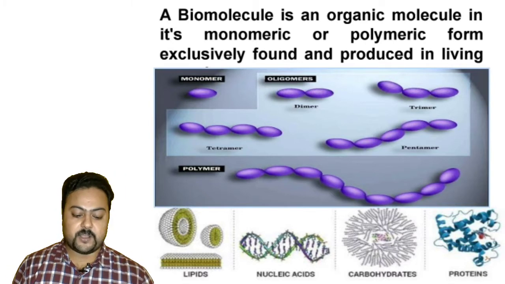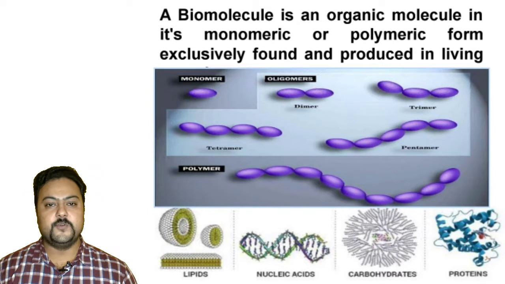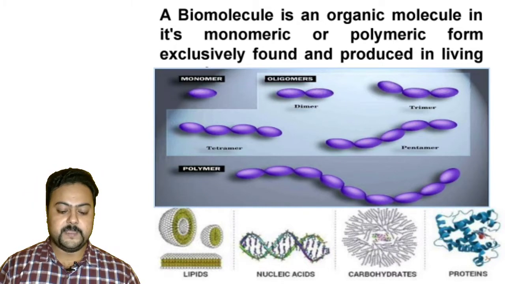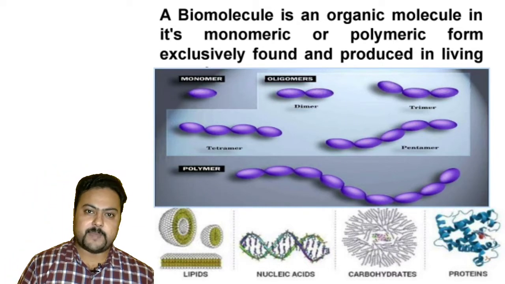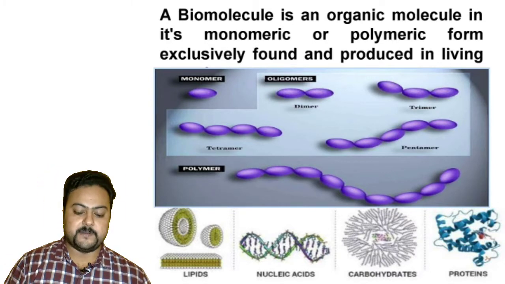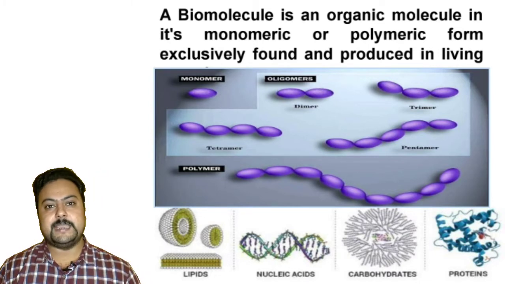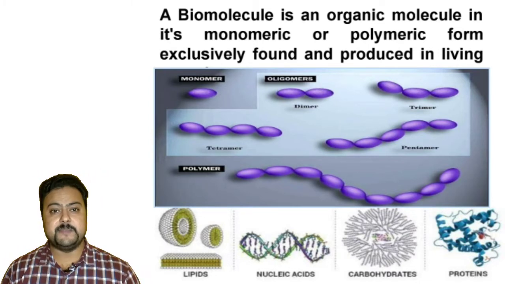So the basic of biomolecules is that when we have a single molecule, we call it the monomer. When two biomolecules are joined with a covalent bond, we call it a dimer. When we have three biomolecules of the same type or different types in combination, we have a trimer.